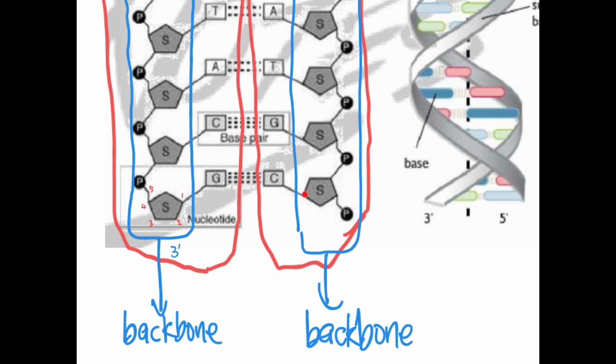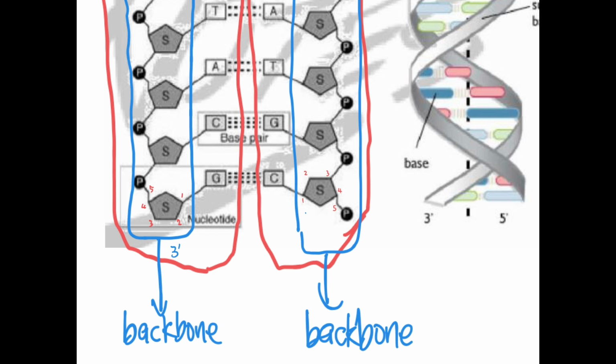Carbon 1 is always linked to the base, as you can see here also, carbon 1 linked to the base. So my carbon 1 should be this one: carbon 1, carbon 2, carbon 3, carbon 4, carbon 5, and then phosphate.